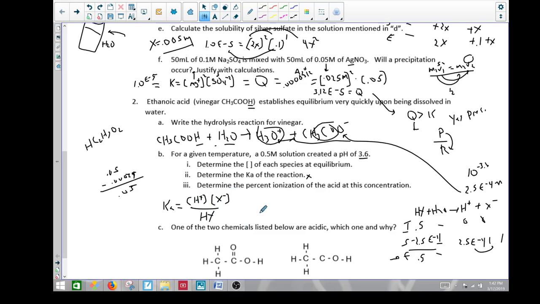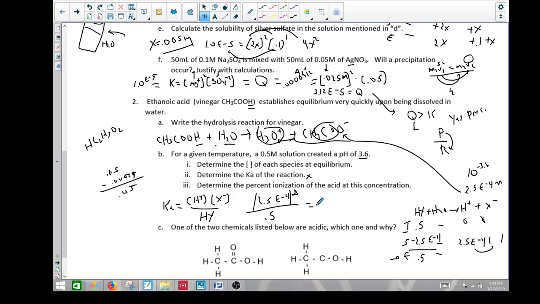This math ends up being very similar all the time. So 2.5 e to the negative fourth, I'm going to square this thing to show there's two of them, and then divide by 0.5.